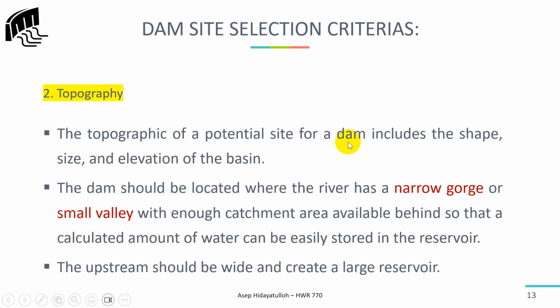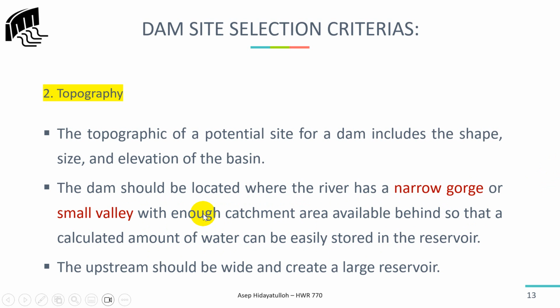Factor number two is topography. The topography of a potential site for a dam includes the shape, size, and elevation of the basin. The dam should be located where the river has a narrow gorge or small valley with enough catchment area available behind, so that a calculated amount of water can be easily stored in the reservoir.